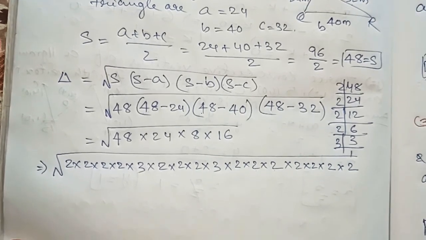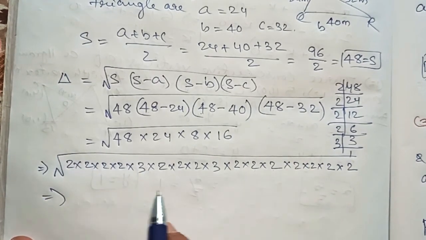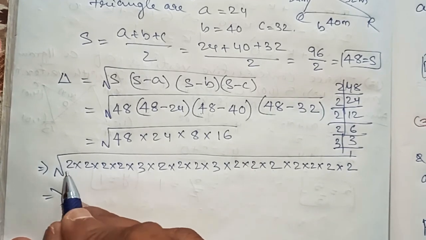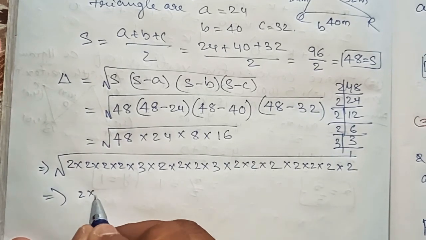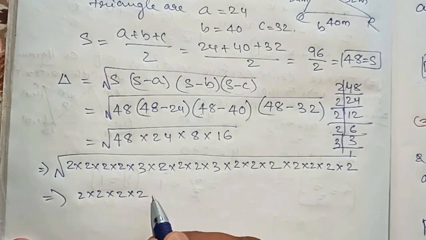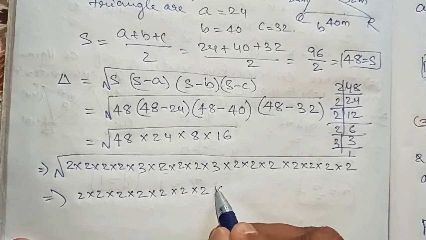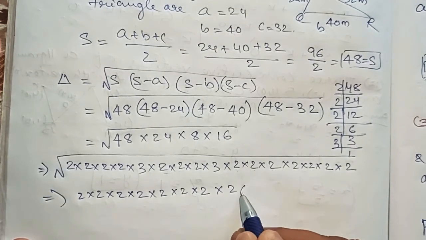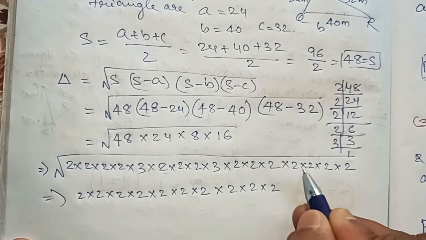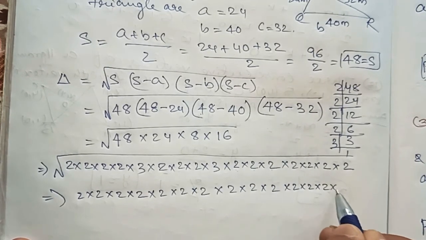Now what you have to do is arrange all the 2s together and all the 3s together. How many 2s are there? Four 2s, 1 2 3 4. This is over. How many 2s next? Three 2s, 1 2 3. This is also over. Again three 2s. Again four 2s, 1 2 3 4.